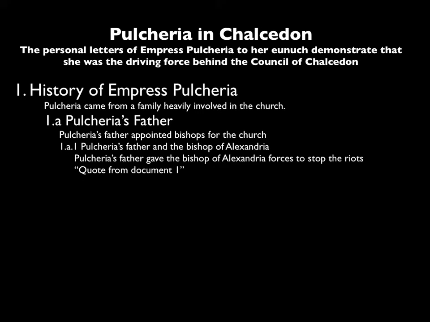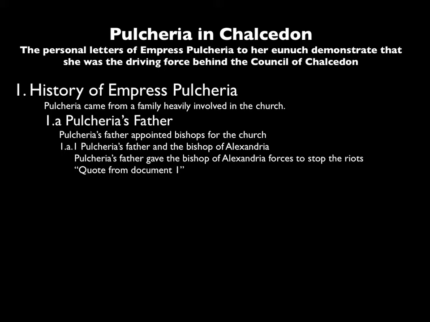Alright, so in our section on Pulcheria's father and our subsection on her father and the Bishop of Alexandria, we have our thesis statement. Pulcheria's father gave the Bishop of Alexandria forces to stop the riots. And our quote. So you're researching, and all of a sudden you find a letter where the Bishop of Alexandria writes to Pulcheria's father and says, I need to stop the riots.